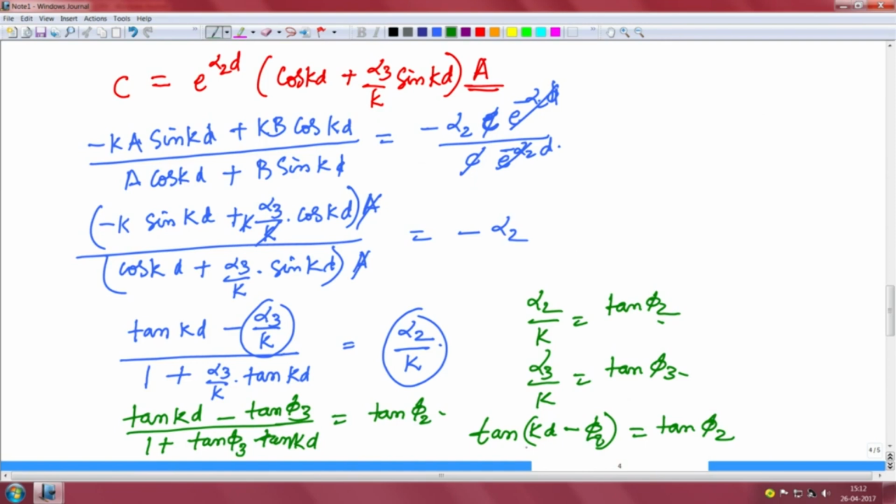So, we can equate tan of kd minus phi 3 with phi 2 and add an arbitrary periodic constant m pi. So, the solution can be represented as kd minus phi 3 equals phi 2 plus m pi, noting that the tan function is periodic with a period pi.